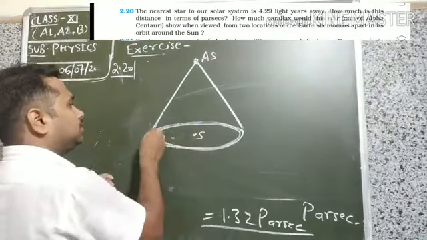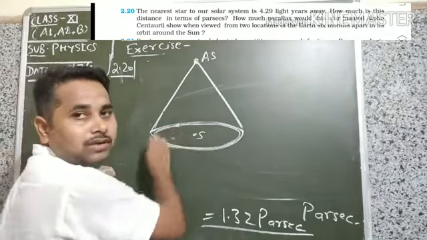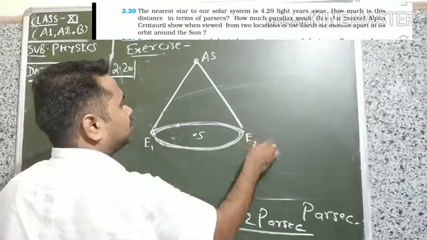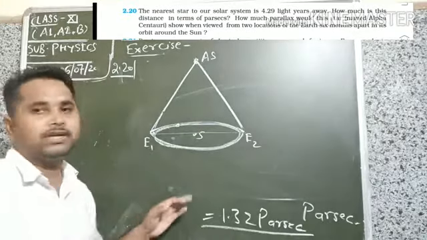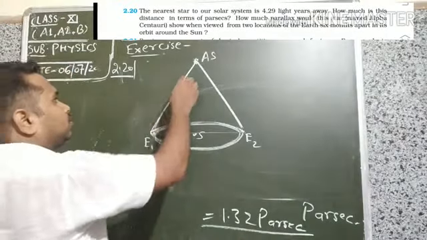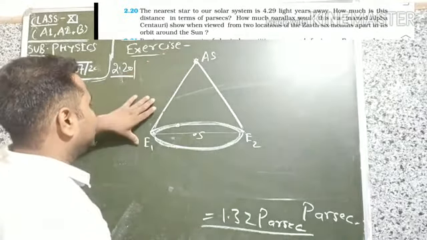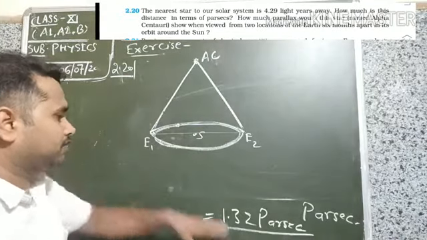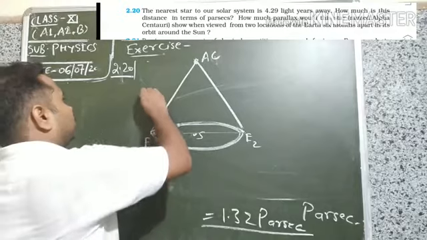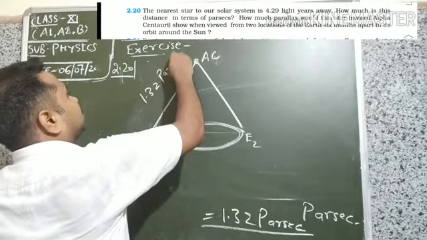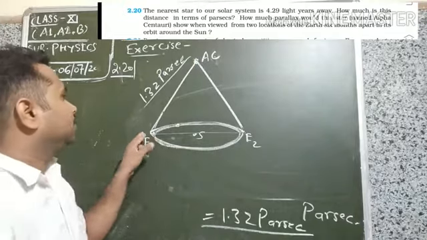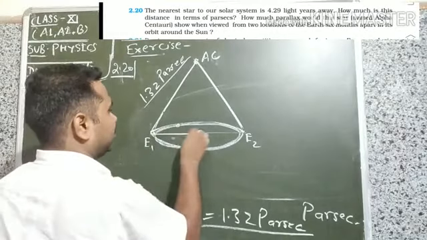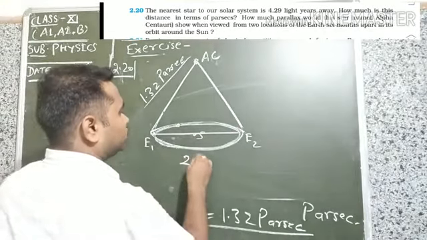This is the position of the Sun, and Earth is revolving around the Sun in this orbit, and E1 and E2 are the two diametrically opposite positions on its orbit. The distance between Alpha Centauri and Earth we have solved: this is 1.32 parsec. And the distance E1E2 between diametrically opposite positions is 1 AU more, that is 2 AU.